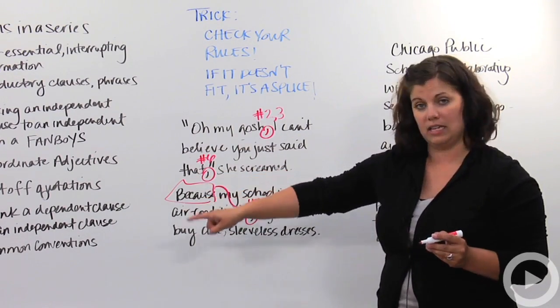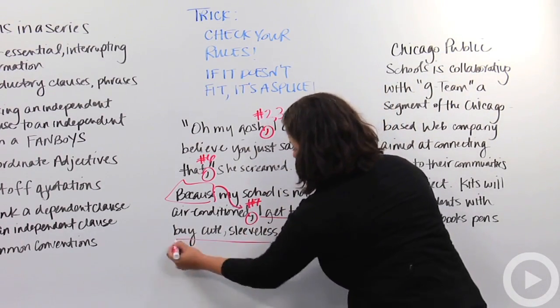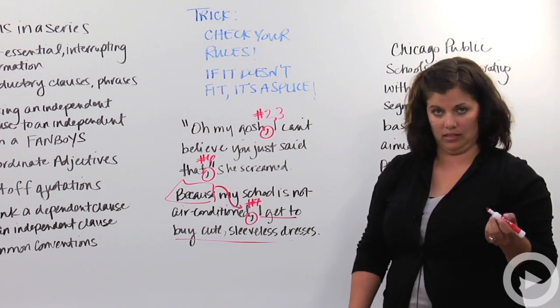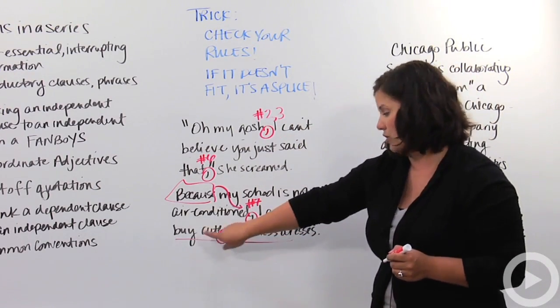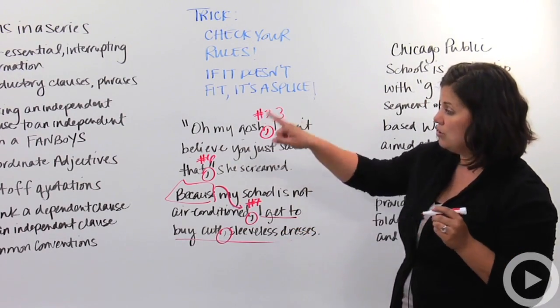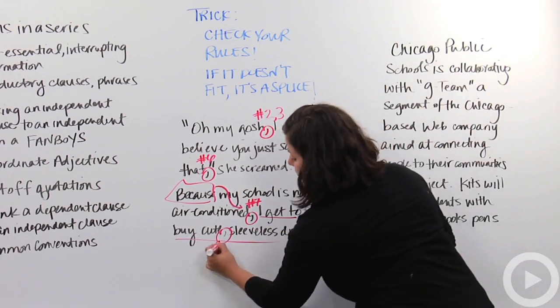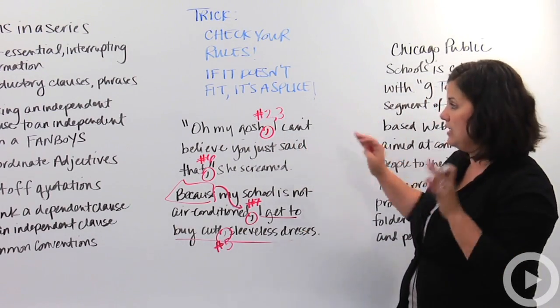So rule number 7 says we have to link a dependent clause to an independent clause, which is "I get to buy cute, sleeveless dresses." All right, second comma here, we've got 2 adjectives, cute and sleeveless, both describing dresses. So those are our coordinate adjectives, and that's an example of comma rule number 5 being used. So you can see some of these in action.